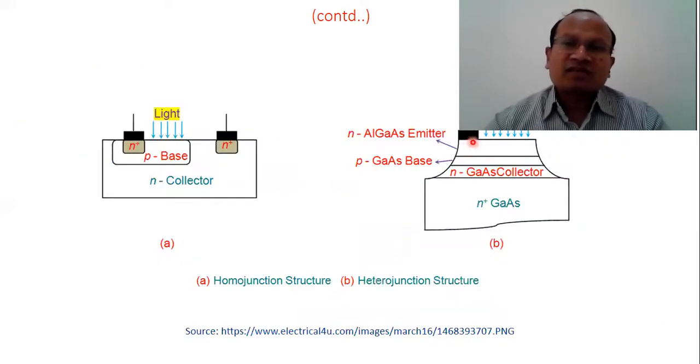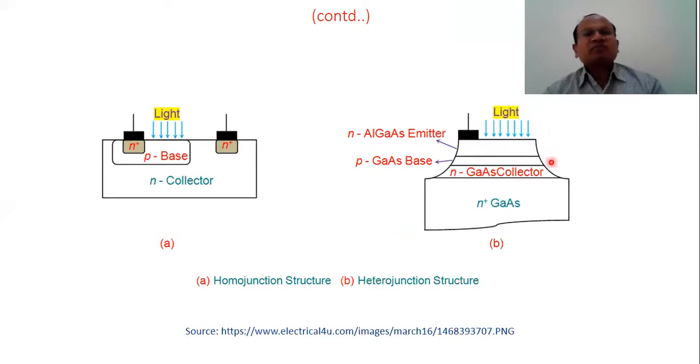This is the constructional diagram of the phototransistor, where you can see that part A represents the homojunction and part B the heterojunction. In heterojunction, I have already told you that the materials used are from group 3 and 5.